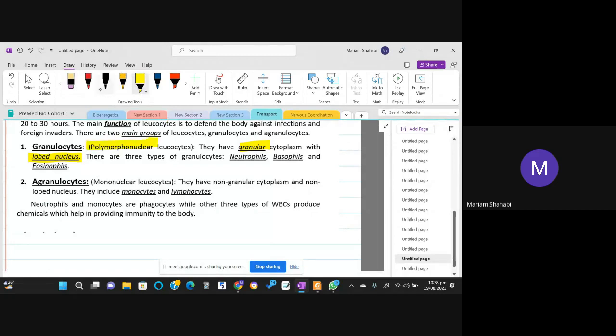Poly, many, morph, shape. So because of the appearance of the nucleus, basically, the nucleus looks different in each cell type.